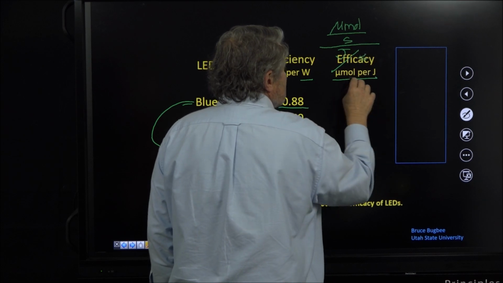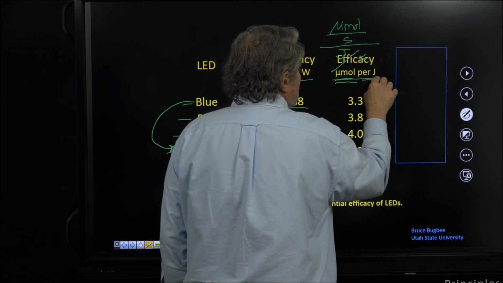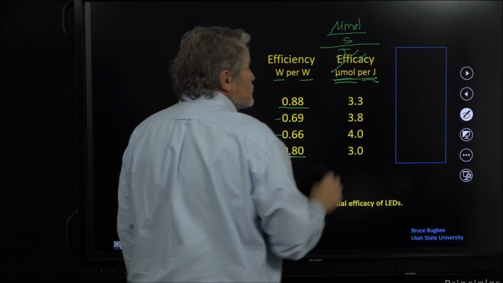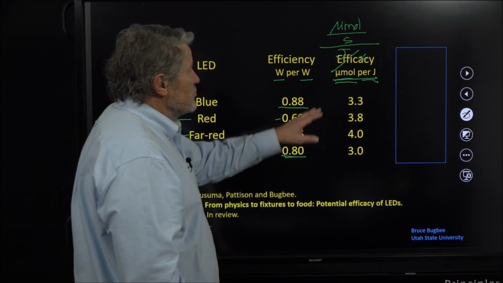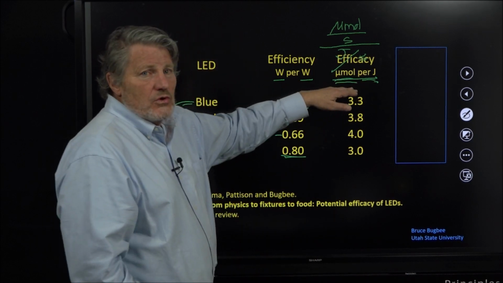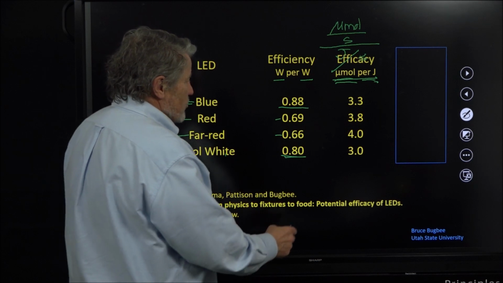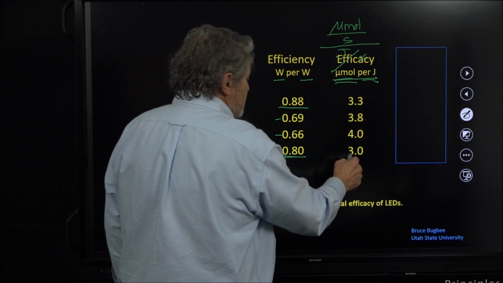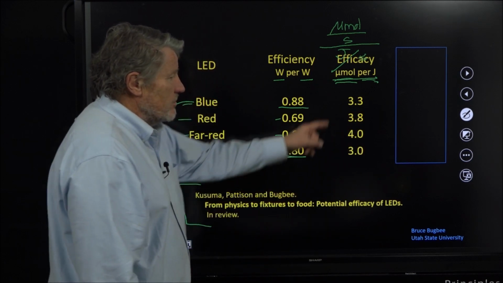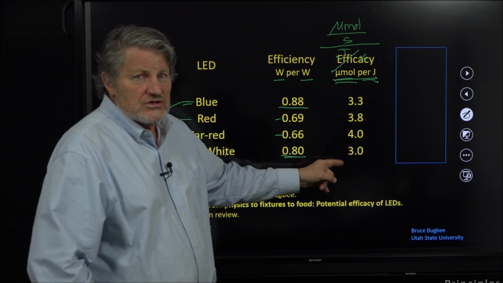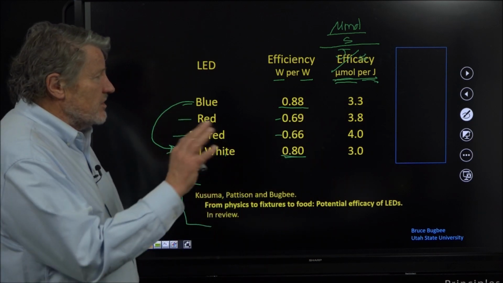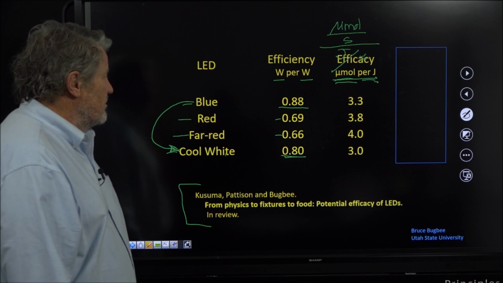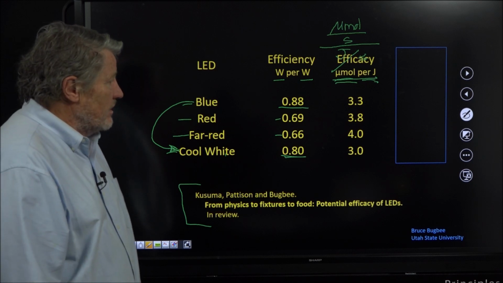And the seconds cancel, so it is just micromoles per joule. And a joule per second is a watt. So it simplifies to micromoles per joule. Look at these numbers. 3.3 up to 4. These are impressive numbers. We don't have fixtures this good yet, but on the horizon we could see where they could get this good for these colors of light.